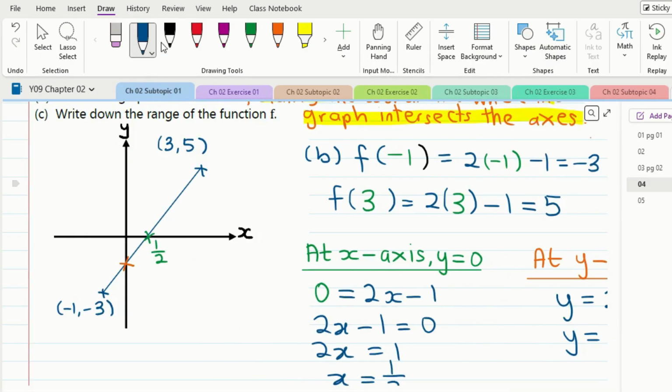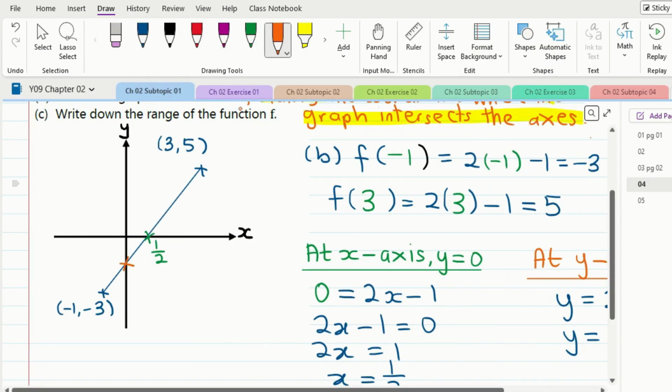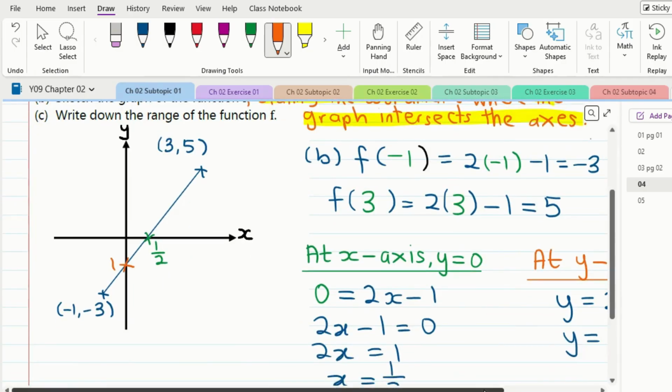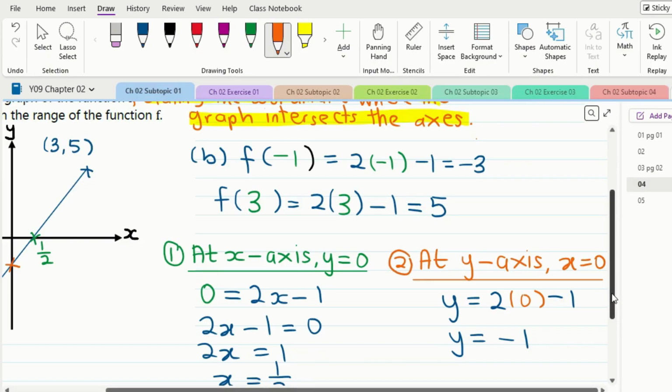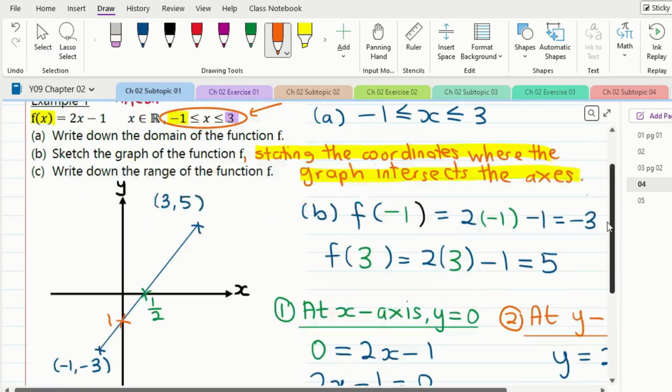So in your graph, y equals -1 on the y-axis. So this is a complete graph of a linear function. You can always use these two facts. Please write down these two, for when you want to obtain a graph that requires you to find the intersection with the axis.